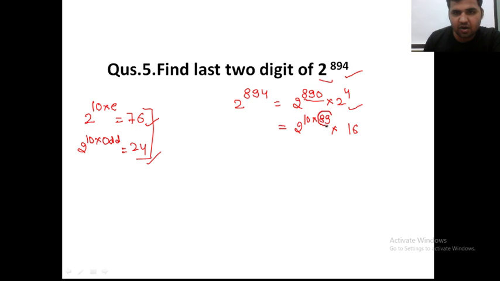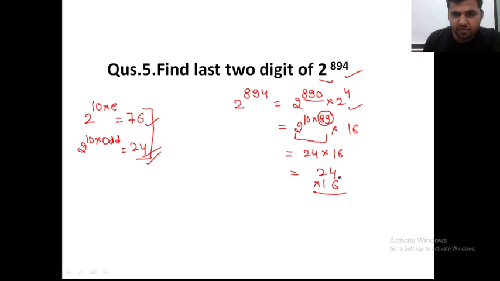Now 89 is an odd number. If it is an odd number, rule number 2 states that the last two digits from this part will be 24, right? This part will be 24 and you still have 16 more to multiply to get the final answer. Now when you multiply 24 with 16, what will be the last two digits?